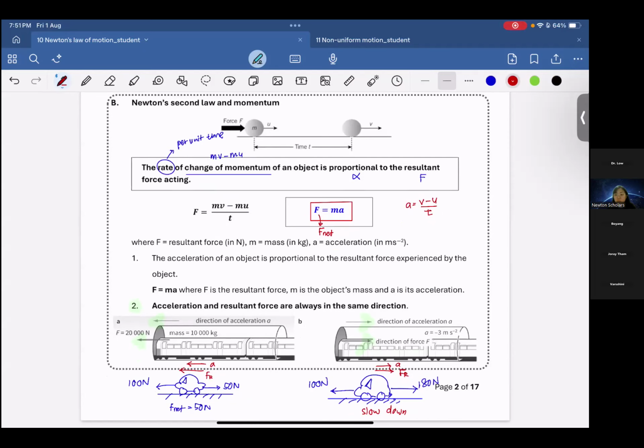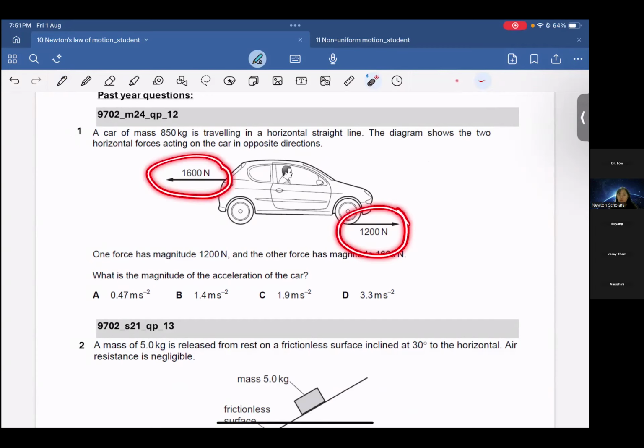Right here, this is the case that I mentioned just now. You look at this, the car is traveling and facing to the right. But you see the thrust is 1,200. But the air resistance or drag force, friction or whatever, is greater than the forward force. So here it doesn't mean that your car is moving backward.